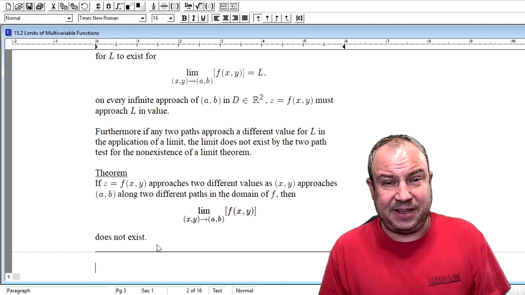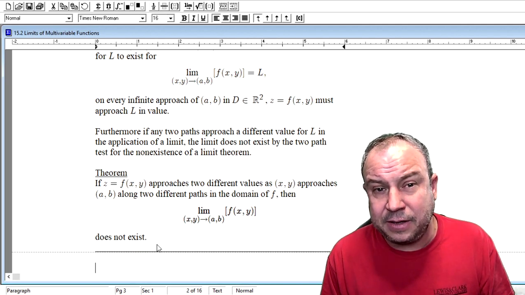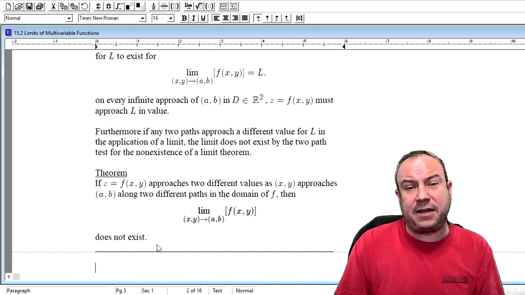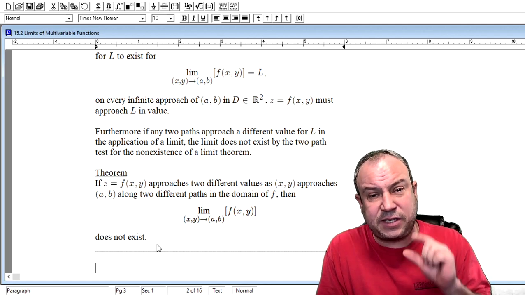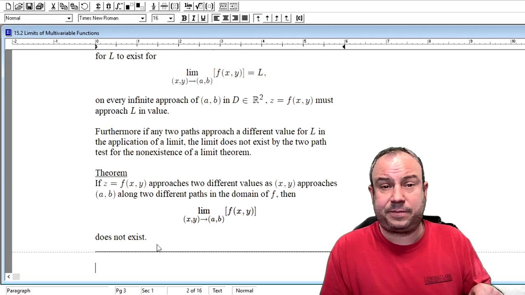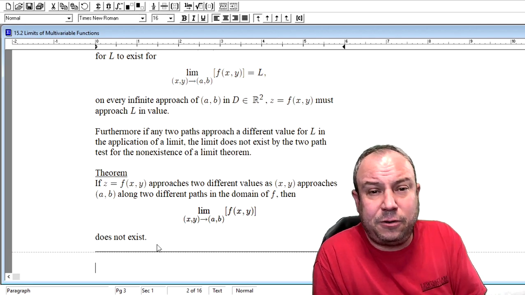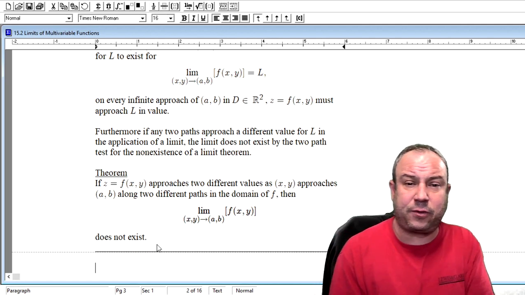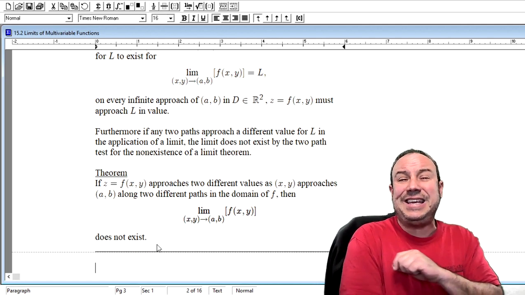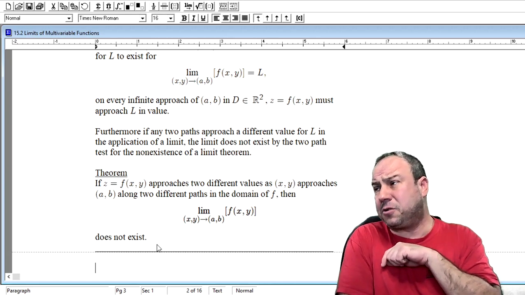But if our function is not continuous at a comma b, or cannot be modeled by some other very similar looking function that is, then concluding that a limit for a multivariable function equals the value of L is a bit of a tricky task.